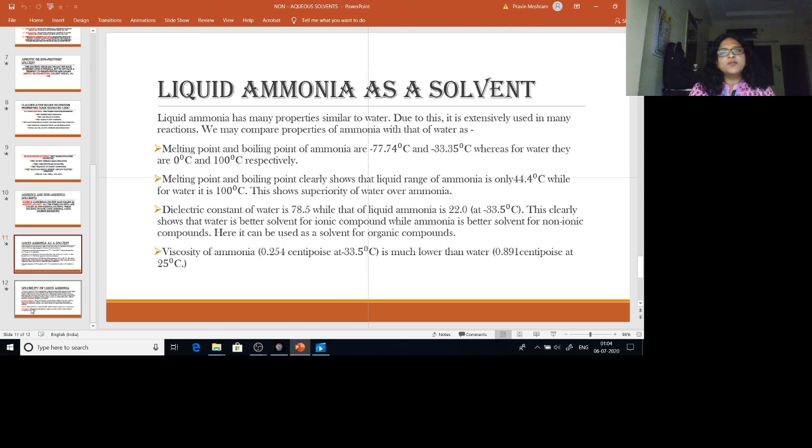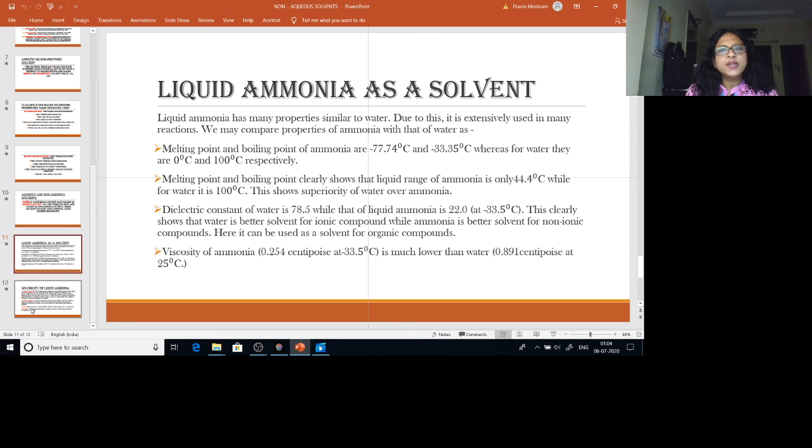Let us see some properties of liquid ammonia. Liquid ammonia has many properties similar to water. Due to this, it is extensively used in many reactions. We may compare properties of ammonia with that of water.